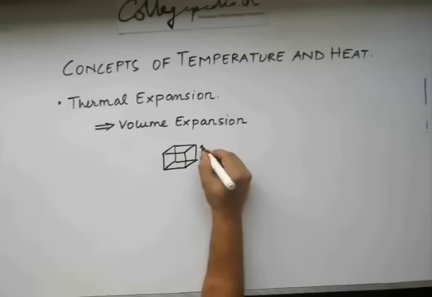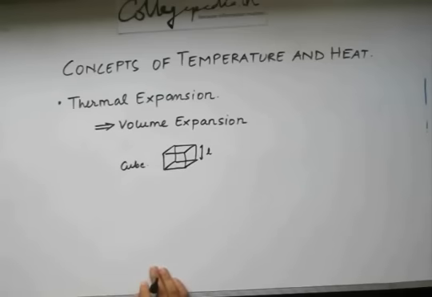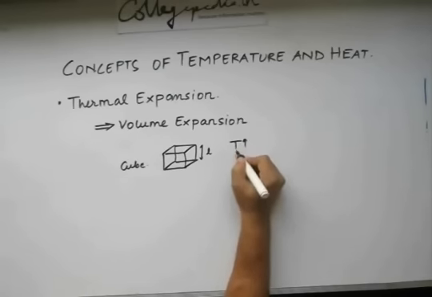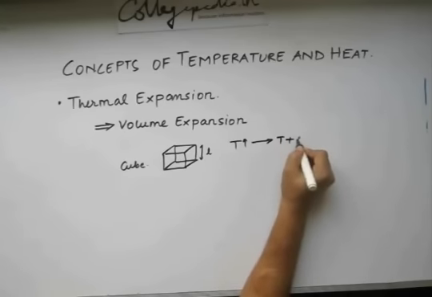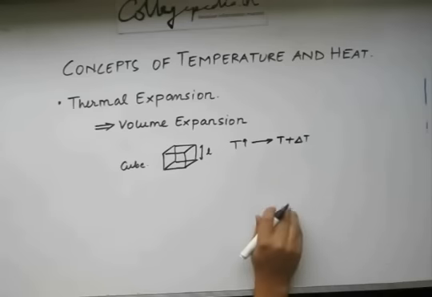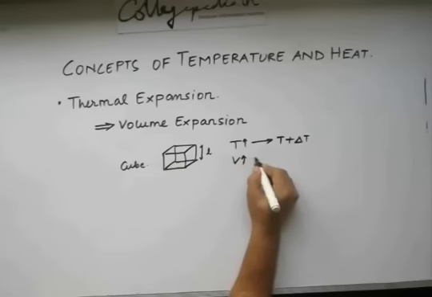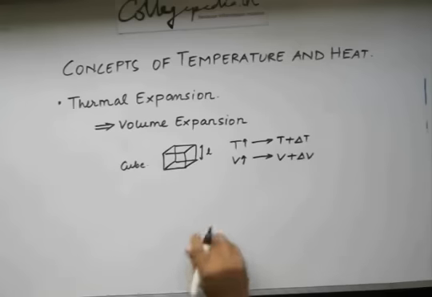Let's say each side measures L. Now what we do, this cube which was at an initial temperature of T, we increase this temperature to say T plus delta T. This results in a change of volume from V to V plus delta V.